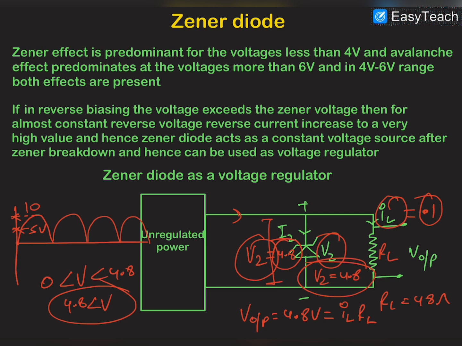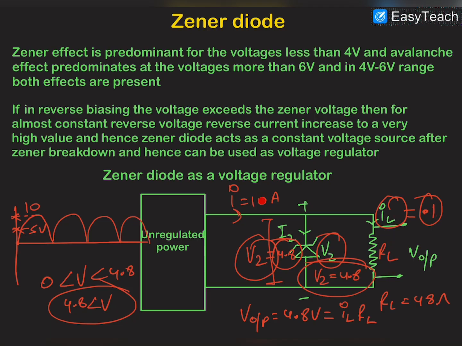So for any current which is coming here, let's suppose this current is 10 ampere, flowing due to an unregulated supply, it will be ensured that the current flowing through the load resistance will be 0.1 only, because the voltage across the load resistance is constant. The current flowing through the load resistance will change accordingly, but the voltage will remain constant.